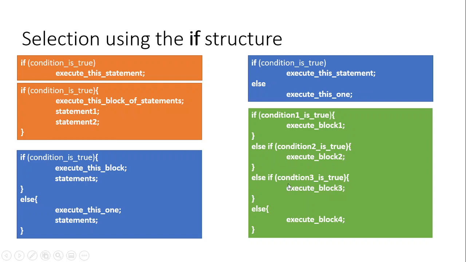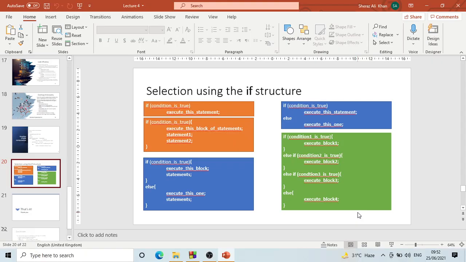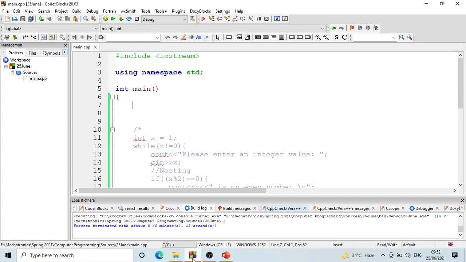Else if condition 3 is true, this should be executed. If all these conditions are false, what should be done? So then you use the else part. So if all these conditions are false, block 4 will be executed. Okay? Now this structure fits in the problem that we are talking about, the problem of finding your grades. Okay? So say we ask the user to enter the marks.